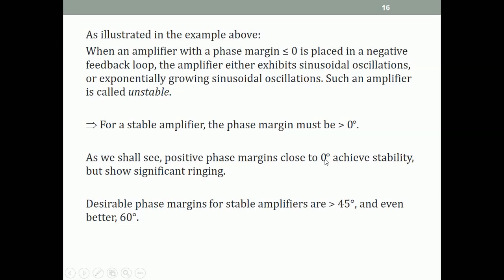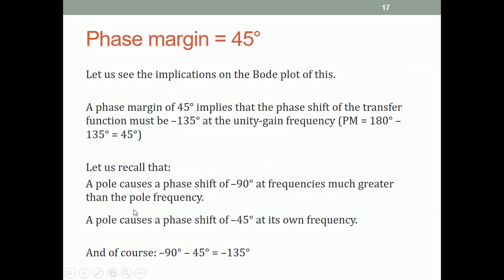And if it goes negative, suddenly the amplifier becomes unstable. So to ensure that the amplifier stays stable against process voltage temperature variations, one makes the phase margin significantly larger than 0 degrees. 45 is absolutely minimum, 60 is what is recommended. All right.